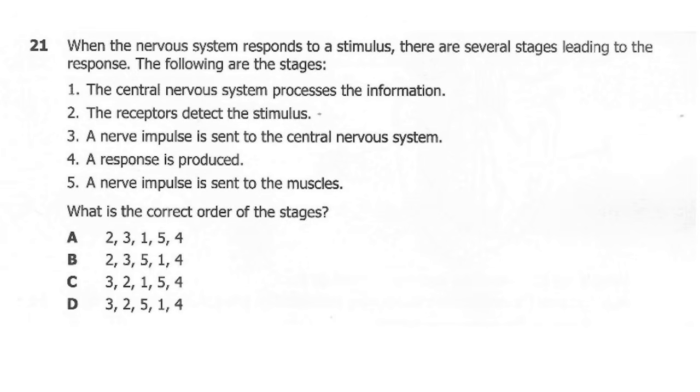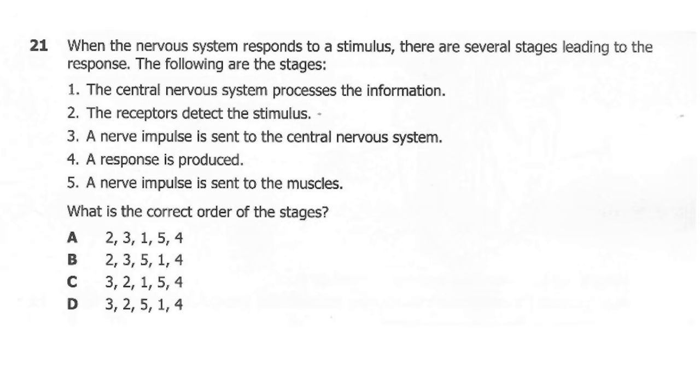Question 21. When the nervous system responds to a stimulus, there are several stages leading to the response. The following are the stages. 1. The central nervous system processes the information. 2. Receptors detect the stimulus. 3. A nerve impulse is sent to the central nervous system. 4.